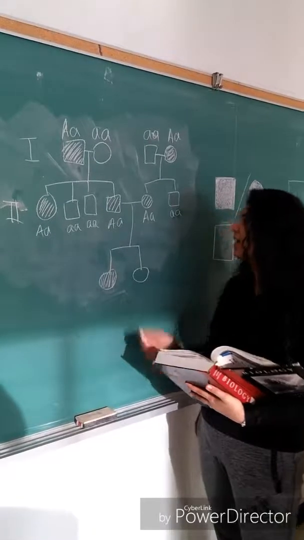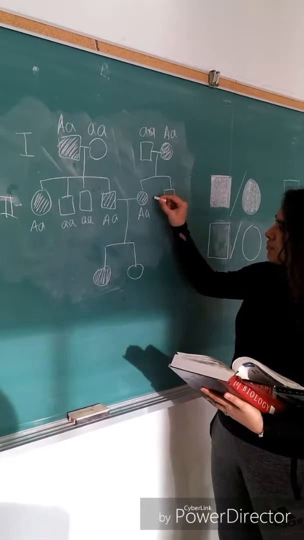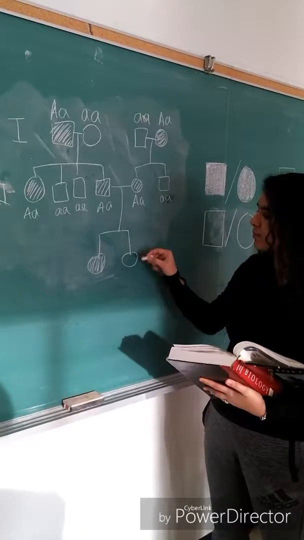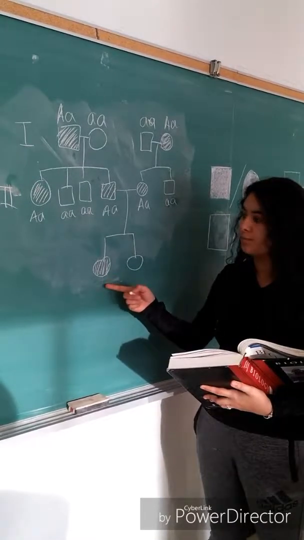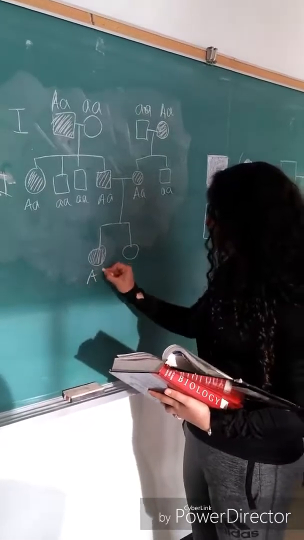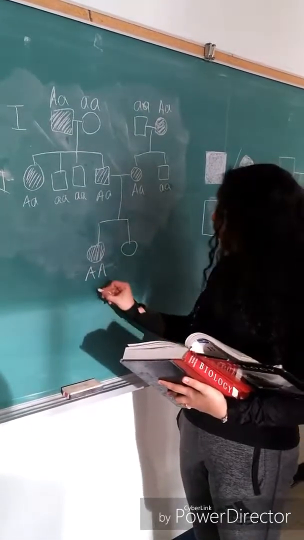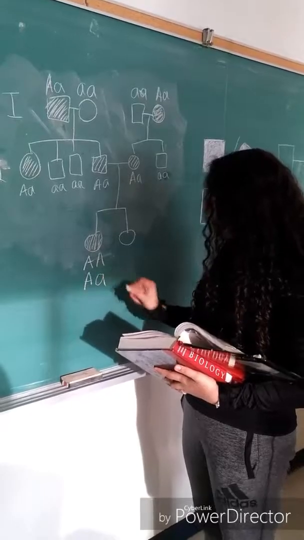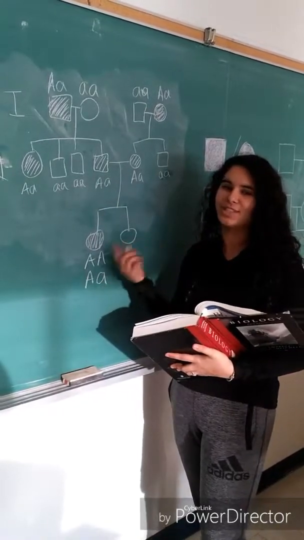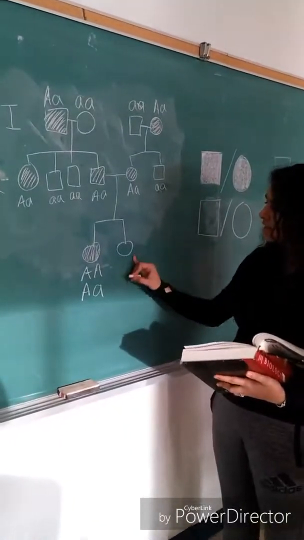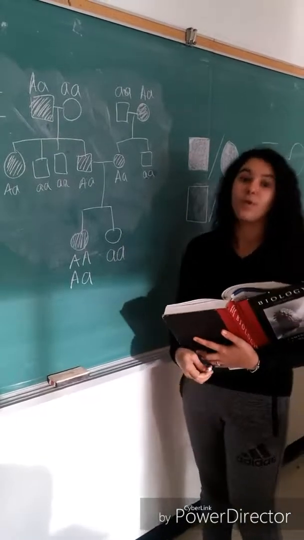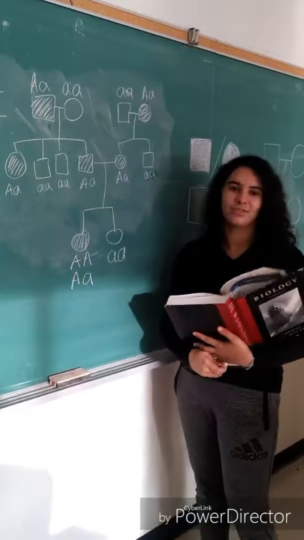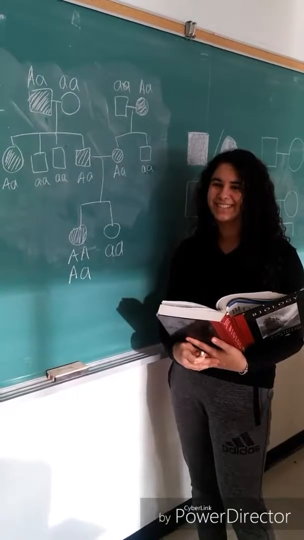If these 2 were to mate and have 2 daughters, 1 will be affected, and she can either be homozygous dominant or heterozygous dominant. Either way, she'll receive the widow's peak, whereas the second child will have a smooth hairline, no widow's peak.